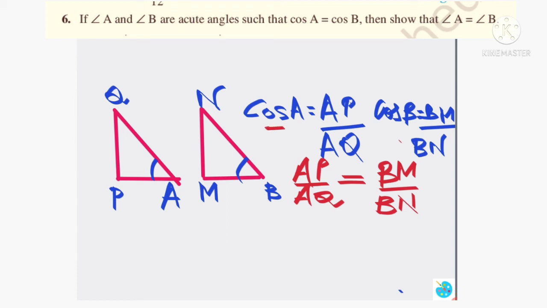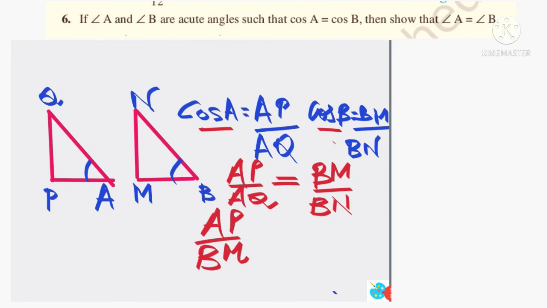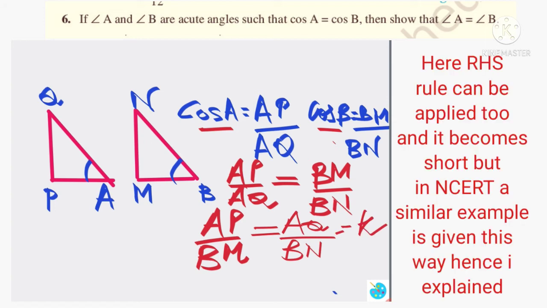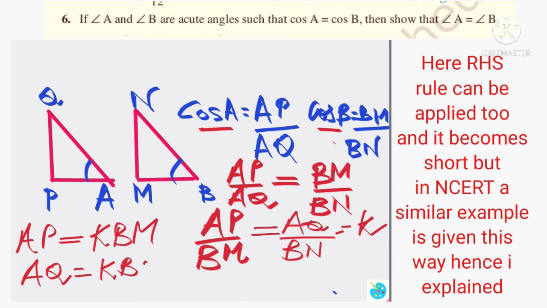So I get AP upon BM is equal to AQ upon BN. Let each of these be equal to k, so that I can put the values of AP and AQ. What I get is that AP is equal to k times BM and AQ is equal to k times BN.